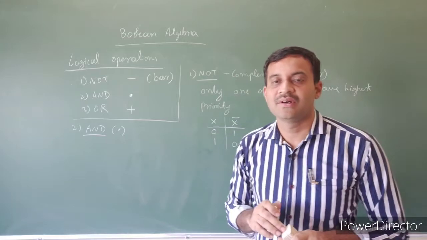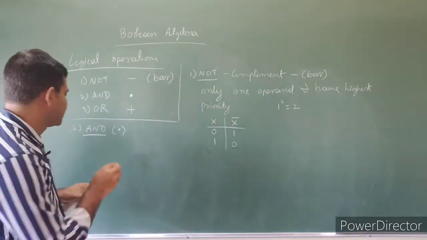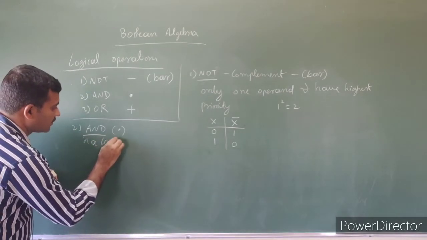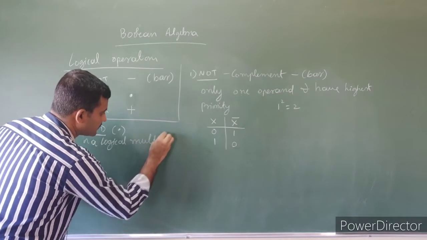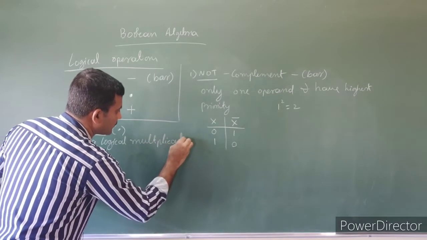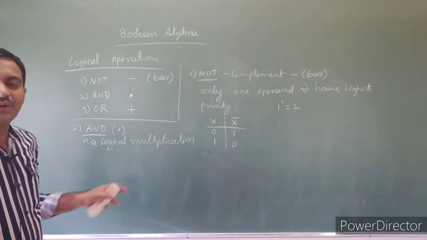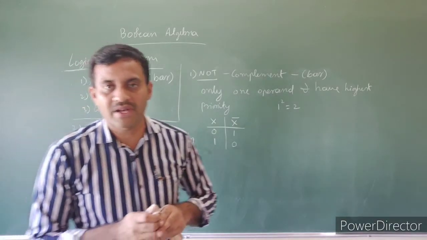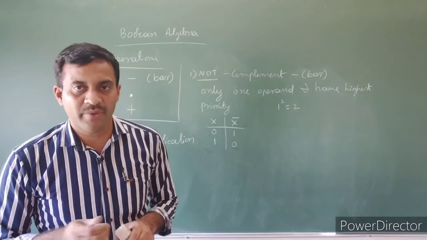It is similar to logical multiplication. It works with 2 operands. It needs at least 2 operands. Sometimes it also works with 2 or more operands.